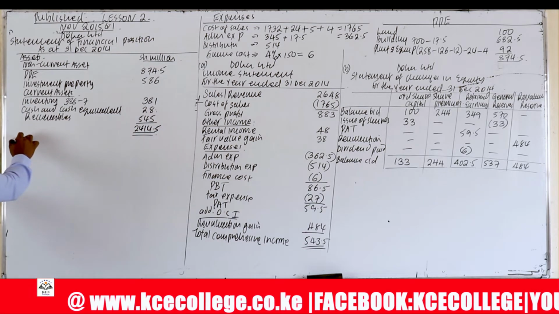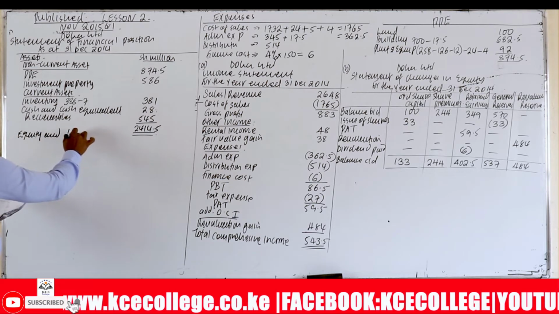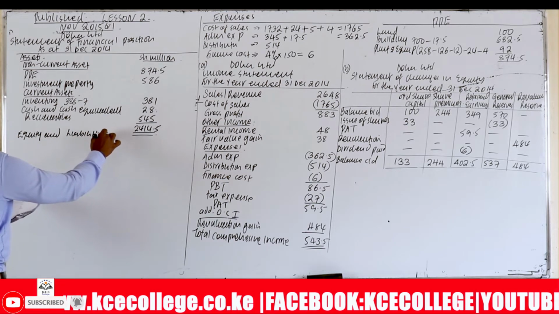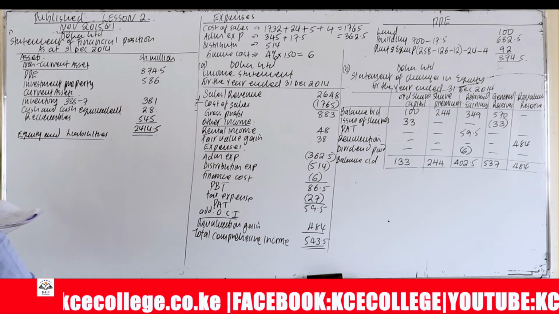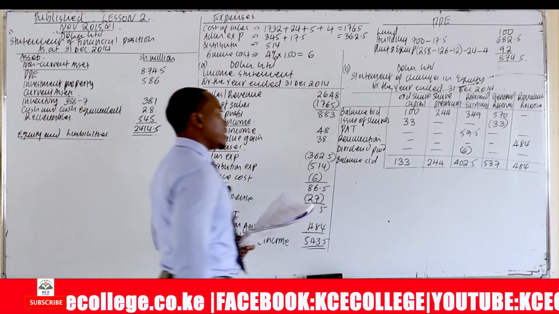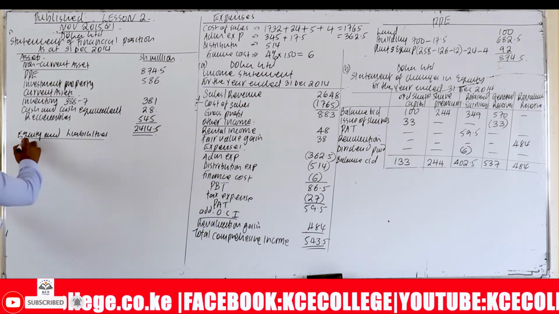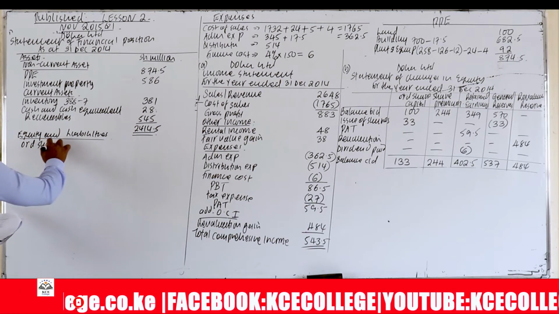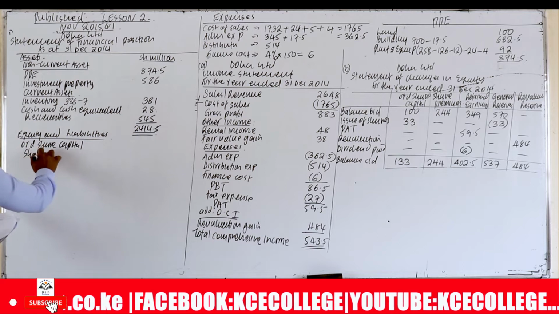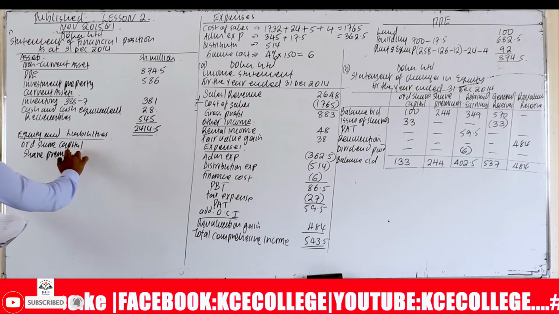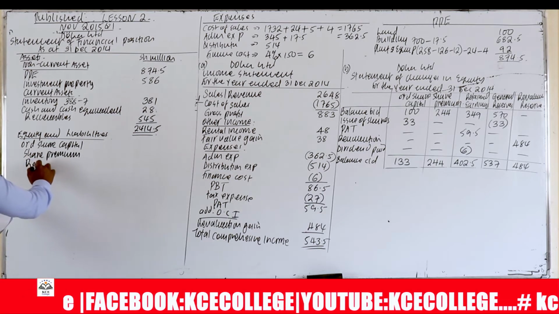Then we go to the other part where you have the equity and liabilities. Now, to the equity, we have already presented the statement of changes in equity. So you take the balance carried down. So we have ordinary share capital. We also have the share premium. We also have retained profit.